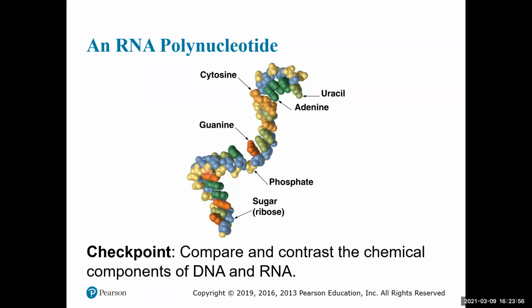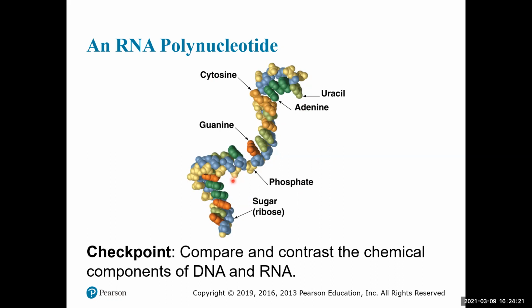Another important factor for RNA is that RNA is a single-stranded molecule, whereas DNA is a double-stranded molecule. Both of these molecules have that nitrogenous base structure. They have that sugar phosphate backbone.